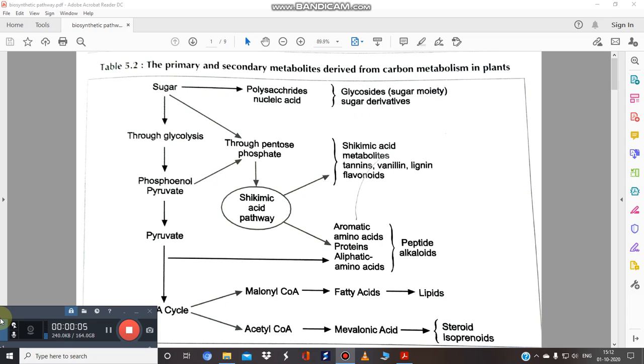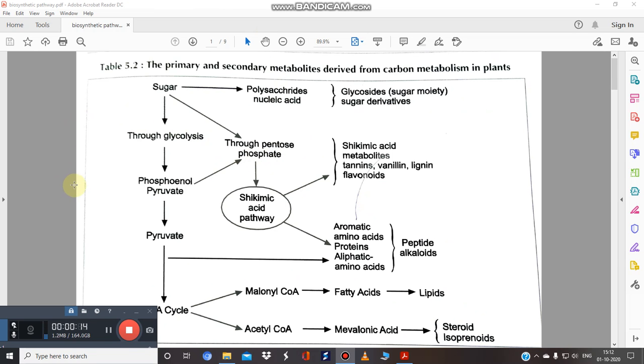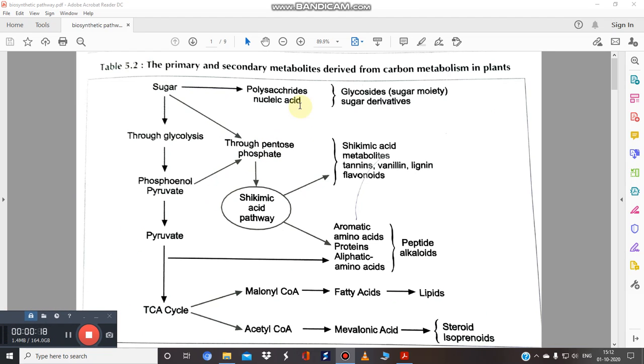So let's start the biosynthetic pathways of unit number 1. As you can see in this image, the production of the biosynthetic pathways has been mentioned, and we have discussed in the previous class that there are a number of pathways already working.